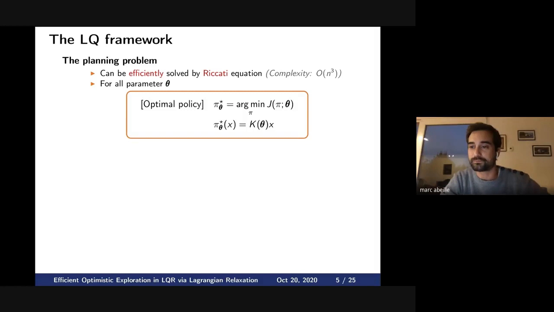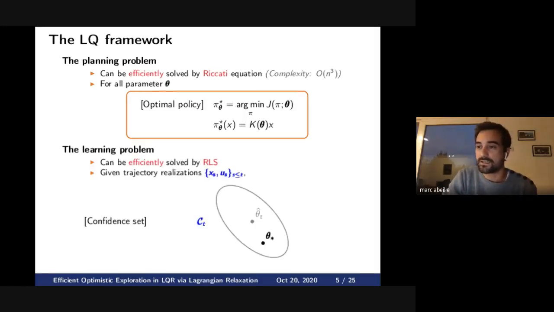Obviously, what we would do if we knew the true parameter theta star is to take the best policy associated to it. But we have no idea a priori of what this parameter is. Yet the second nice feature of this linear structure is that we can efficiently learn this unknown parameter.